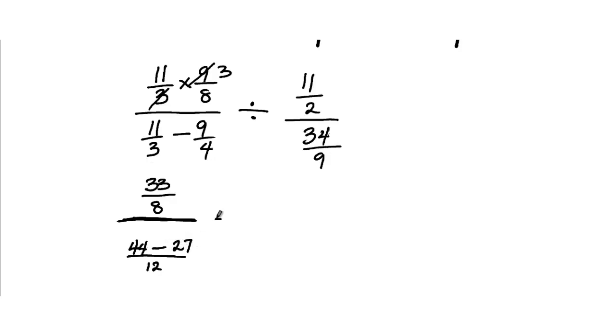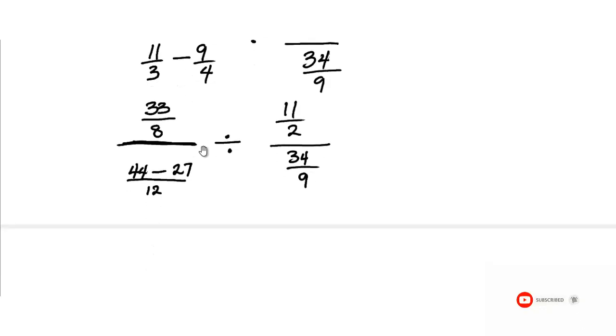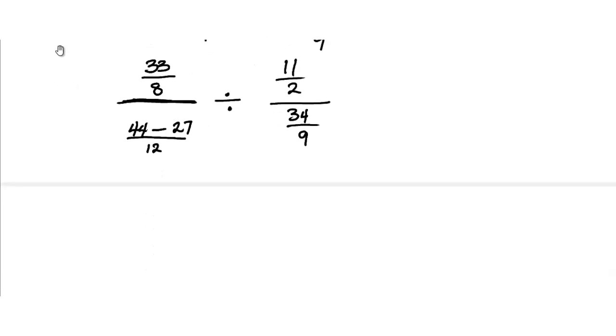Then divided by, now we still have 11 over 2 divided by 34 over 9. I'm taking it gradually because if you are not smart, you can make a mistake. So 44 minus, okay, let me use the numerator. We have 33 over 8 divided by 44 minus 27.